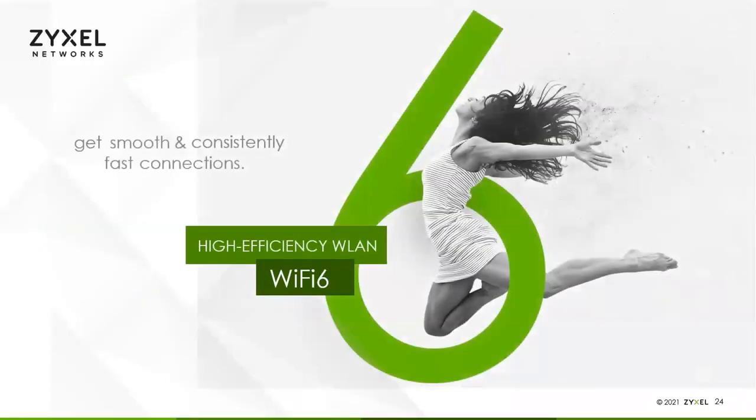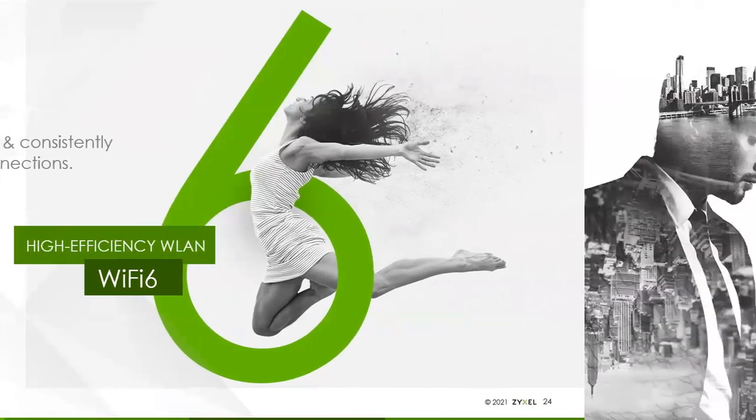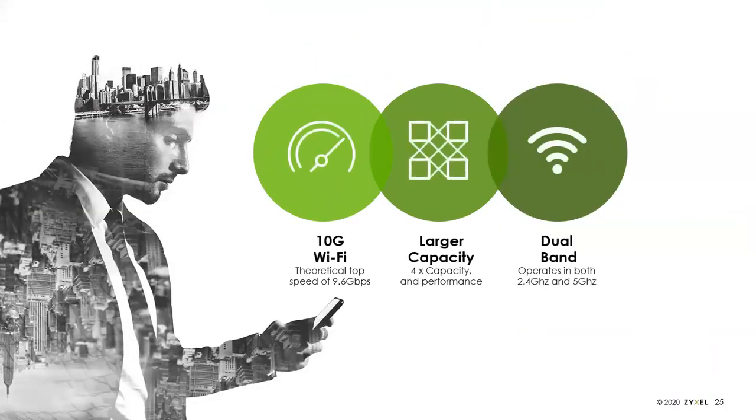So now we'll start talking a little bit about Wi-Fi 6. It's still a relatively new technology, and I know we've got a number of partners out there that have not yet made the jump to deploying it, so we'll just talk about it in broad terms. Wi-Fi 6 products, in theory, can claim up to a 10 gig data rate connection.